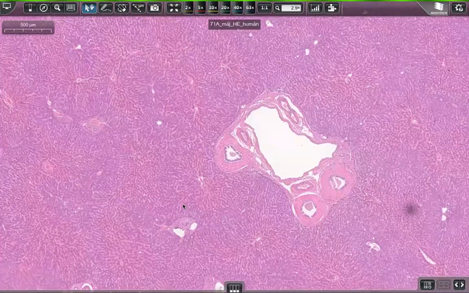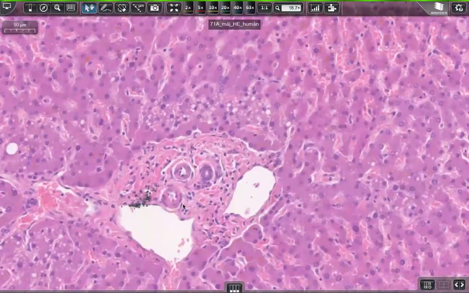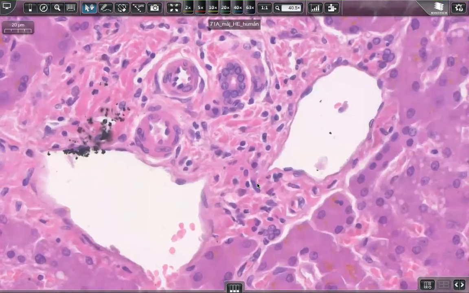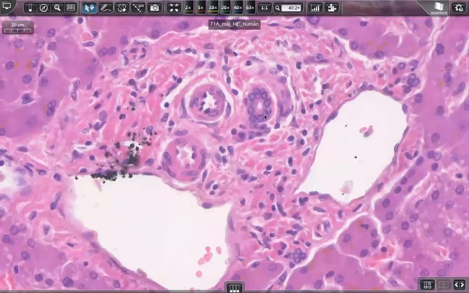Here we have another. No, that's really nice. Look at that. That's beautiful. So here we have the interlobular duct. The two branches, the two sections of the interlobular artery, then the veins, the interlobular veins.